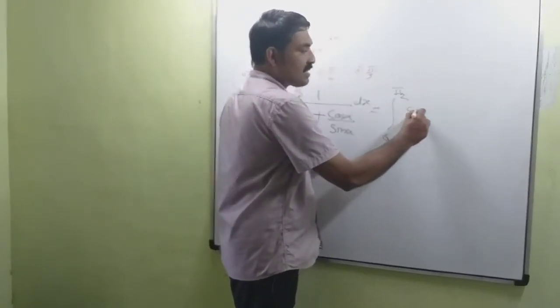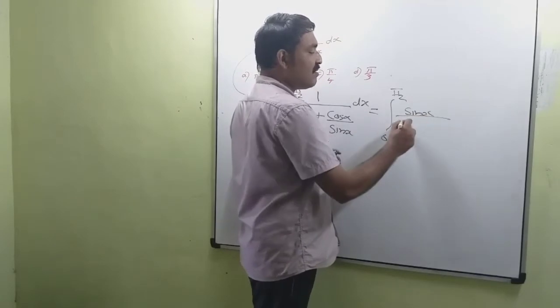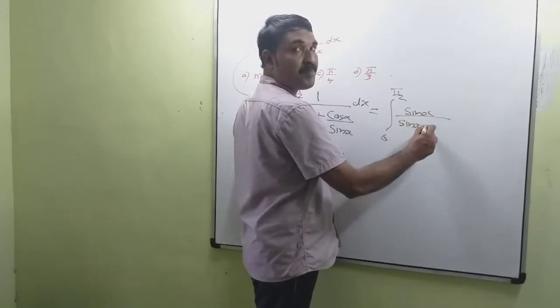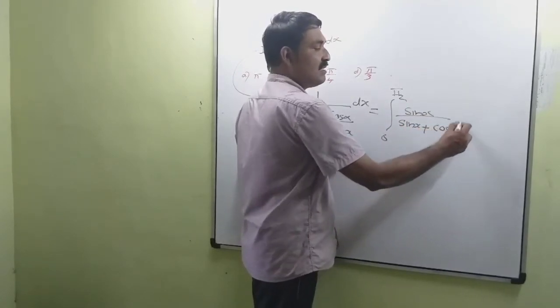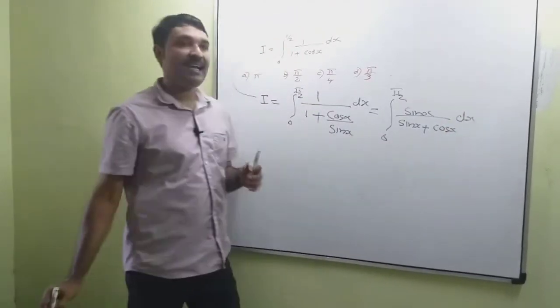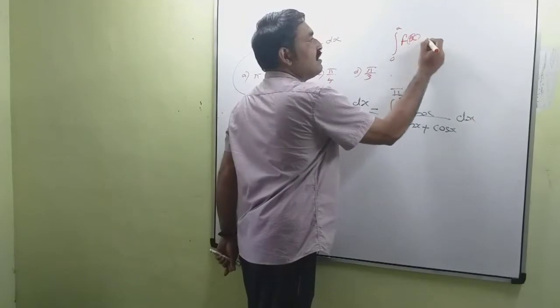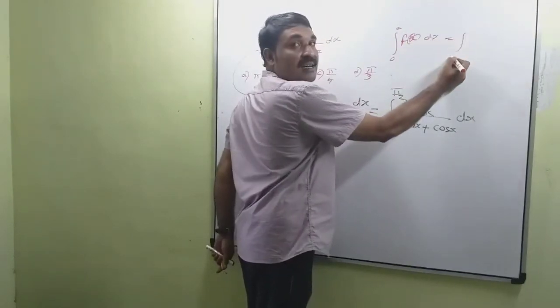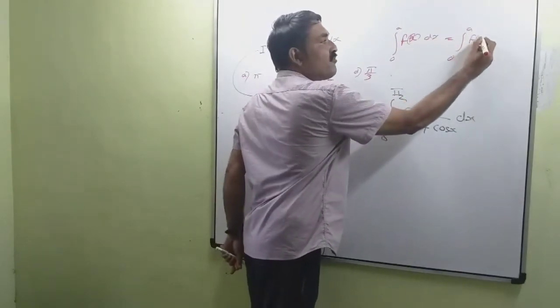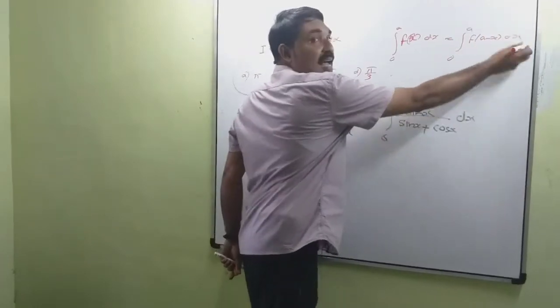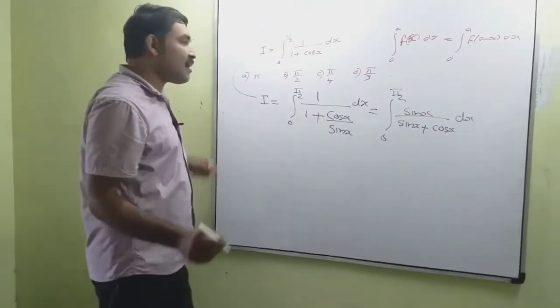So this becomes sin x divided by sin x plus cos x dx. Okay. Integral 0 to a f of x dx is equal to integral 0 to a f of a minus x dx. Now let us apply that property.